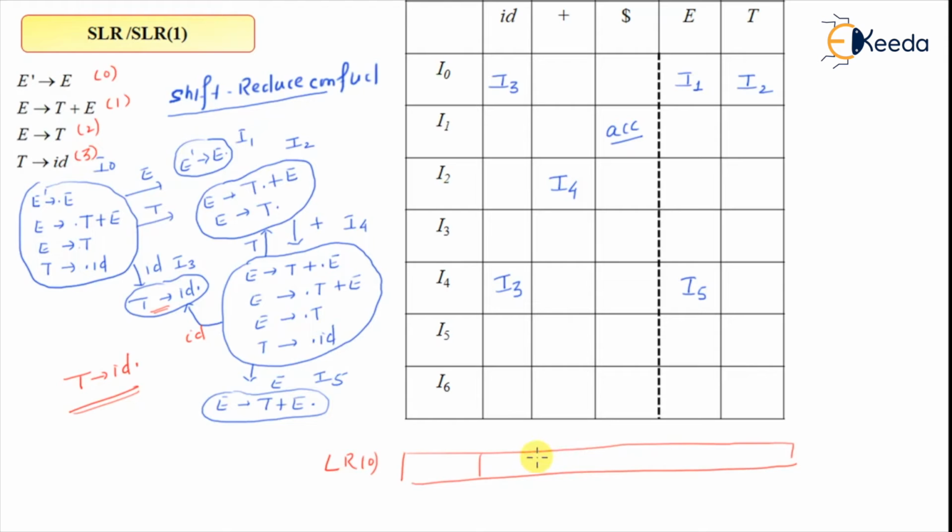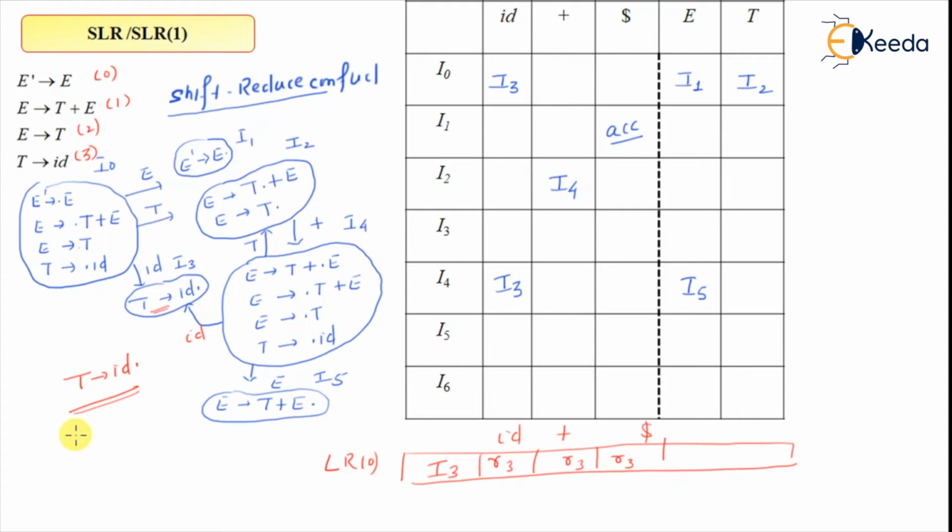This is the symbol part: ID, plus, and dollar. The state is I3, so I'll find the number, which is 3, and put it everywhere: R3, R3 and R3. Here I will not do this.